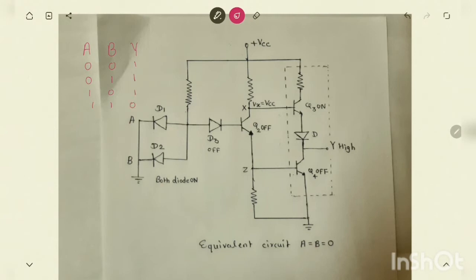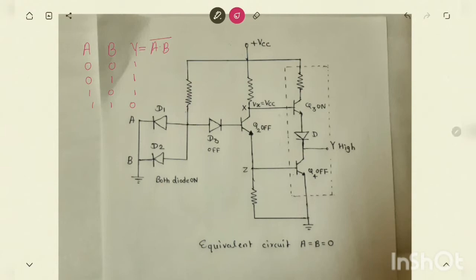When we observe this NAND gate, if one of the inputs is 0, you get output high, and when both the inputs are 1 1, the output is 0 in the case of the NAND gate, because NAND is equal to the complement of A dot B.